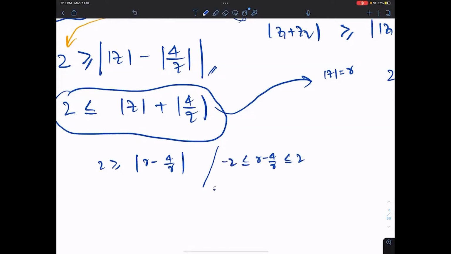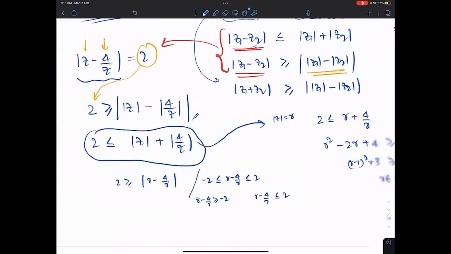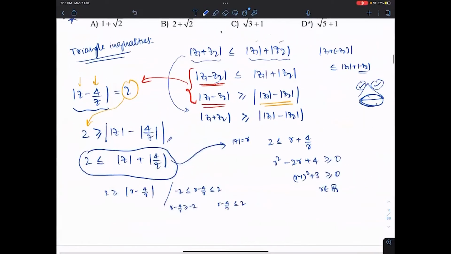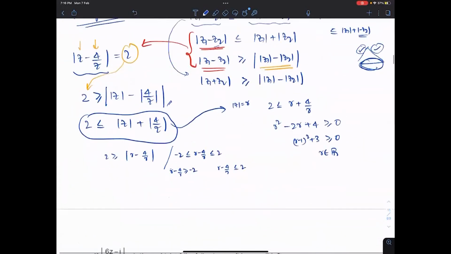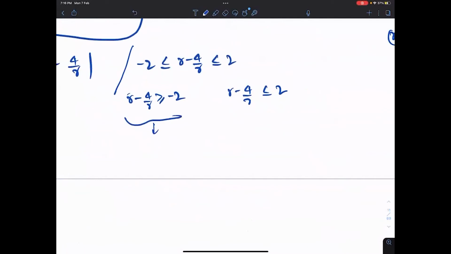You will get two inequalities: R minus 4 by R greater than or equal to minus 2, and R minus 4 by R less than or equal to 2. Solve these two, take the intersection, you will get the answer. Okay. And if you are not familiar with solving these inequalities, the method which I may use to solve this question, you should be familiar with that method also. No? That is the wavy curve.